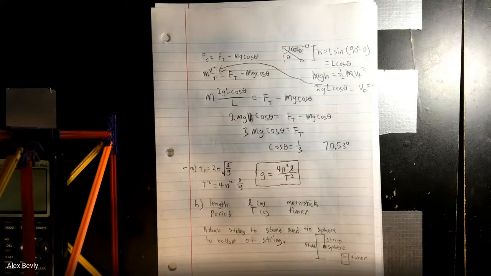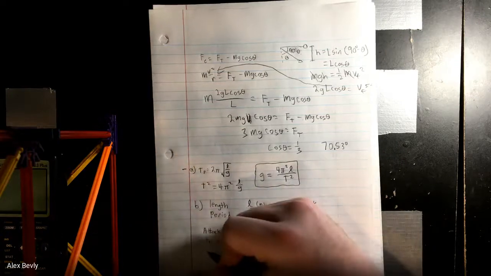All right, what do we do next? I'm not going to do everything for you. So, someone say what to do next. Write some words. Well, what do we need to do with the sphere in order to put it into simple harmonic motion? All right, so pull it back to an angle less than 10 degrees.